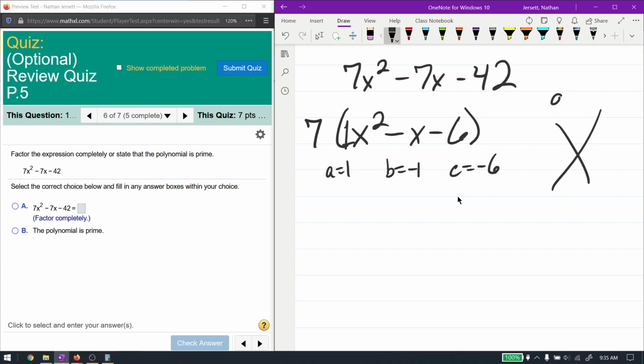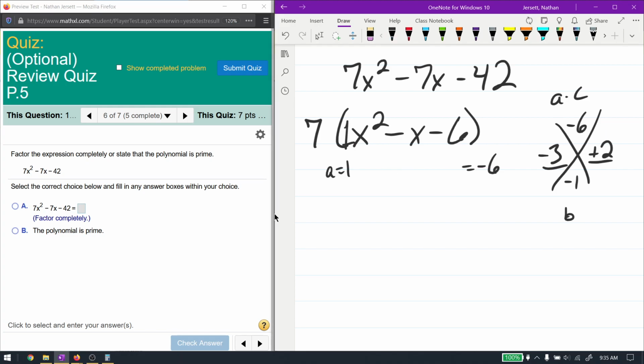On top goes A times C, so 1 times -6 is -6. On bottom goes B, so it's -1. Two numbers that multiply to give -6 and add to give -1. That's going to be -3 and +2. That gives you -6 when you multiply, and yep, when you add them, it gives you the correct thing.